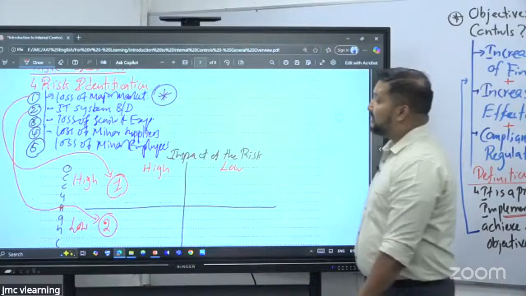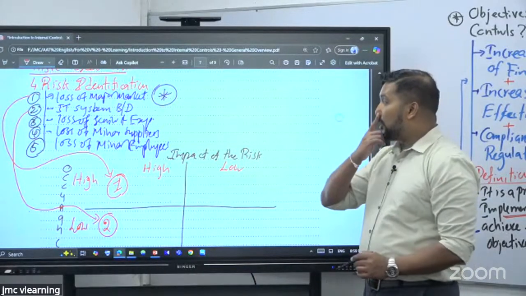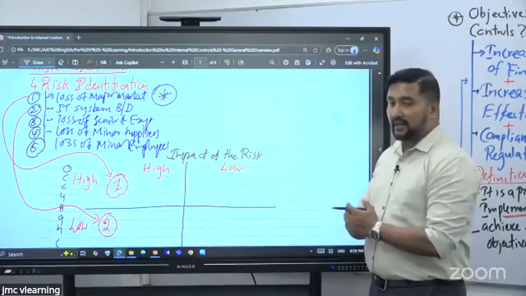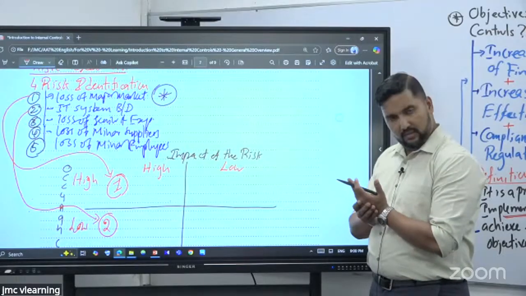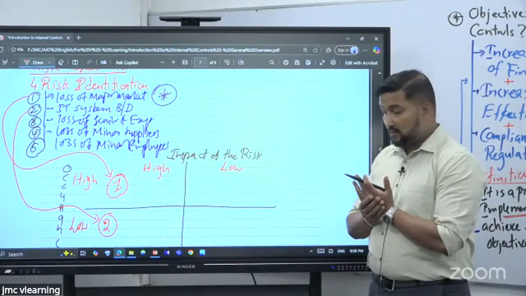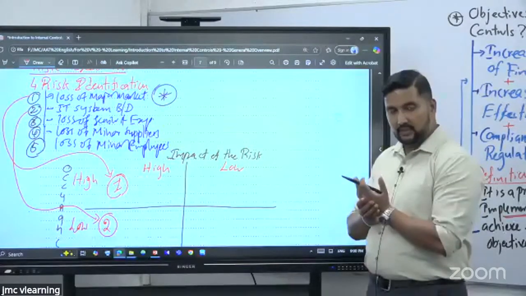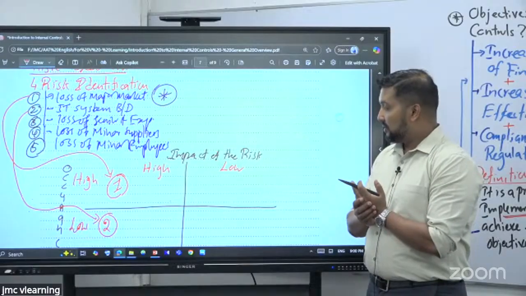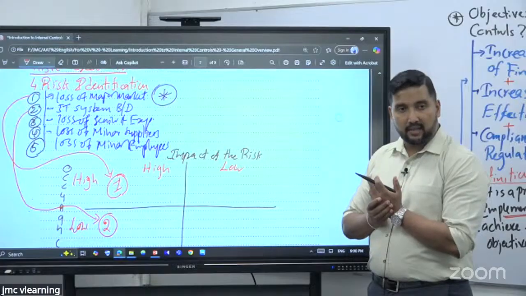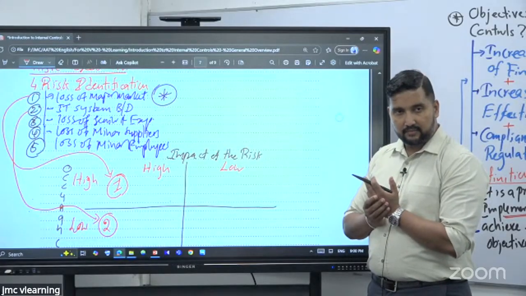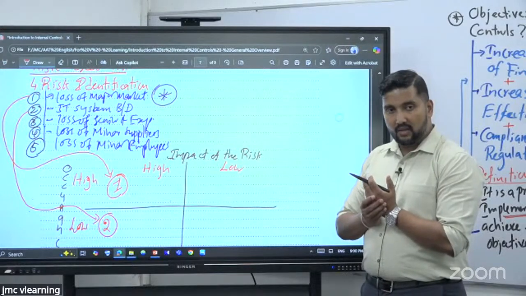Right. Go to the third one. Loss of senior and experienced employees. What do you mean by impact? High or low? Impact is high. Why are you saying it's high?